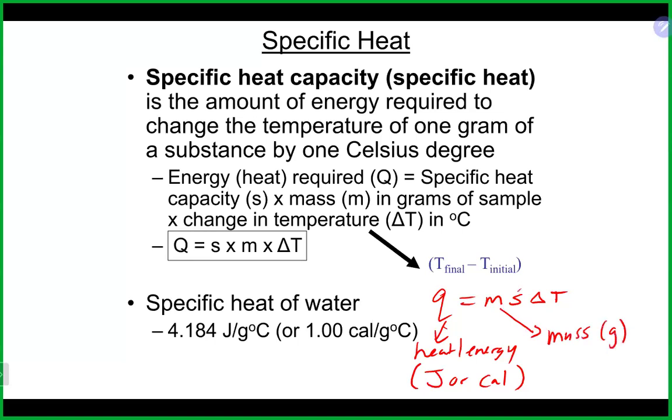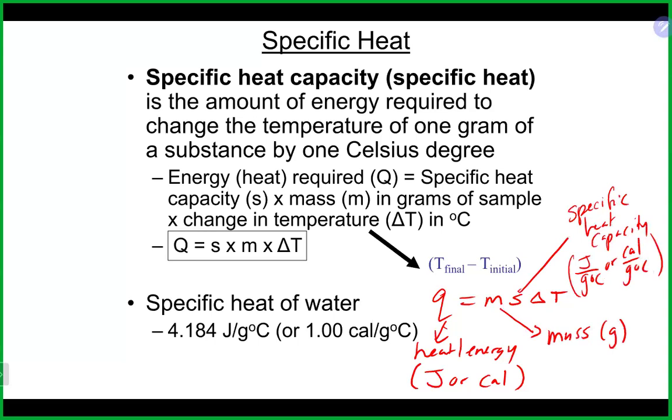S is the specific heat capacity, and it has units of joules per gram per degree Celsius or calories per gram per degree Celsius. So it has all 3 of those units.